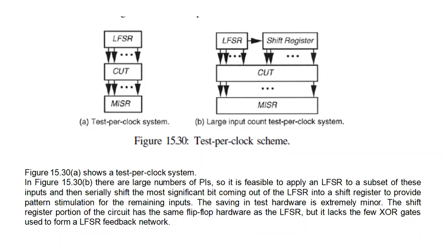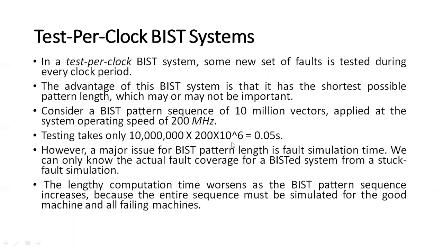So to save test hardware, you use a shift register portion that has the same flip-flop hardware as the LFSR, with a minimum number of XOR gates to define the LFSR feedback network. This is one thing we say within the test per clock built-in self-test system.